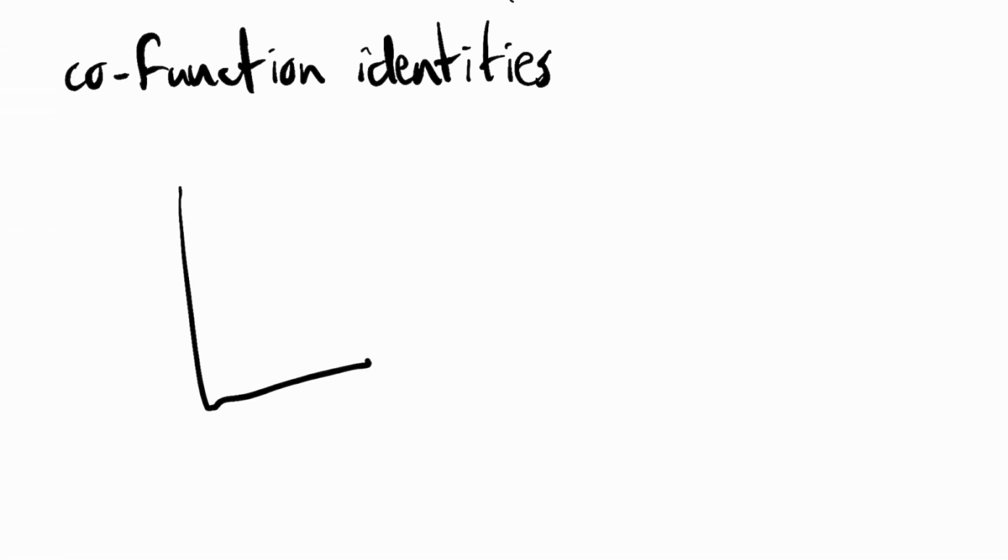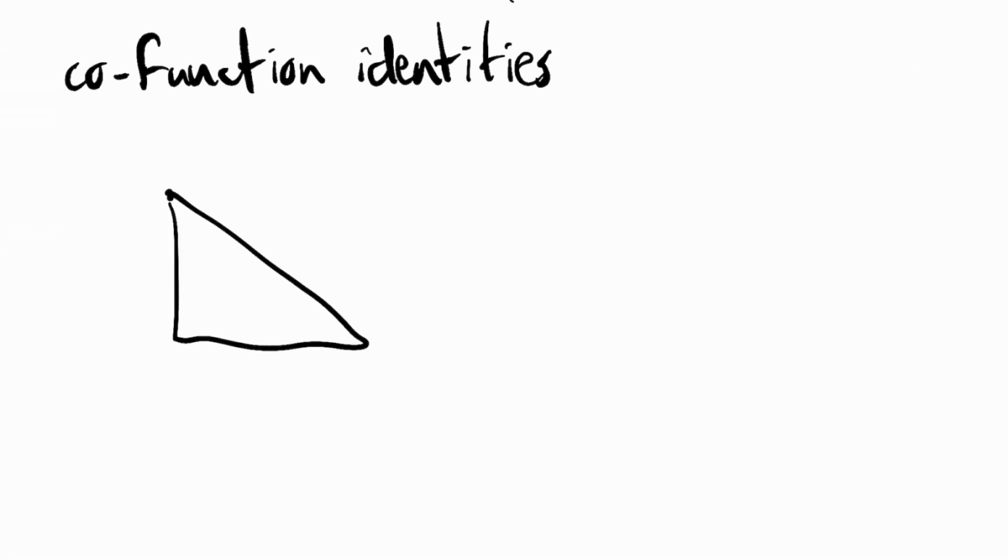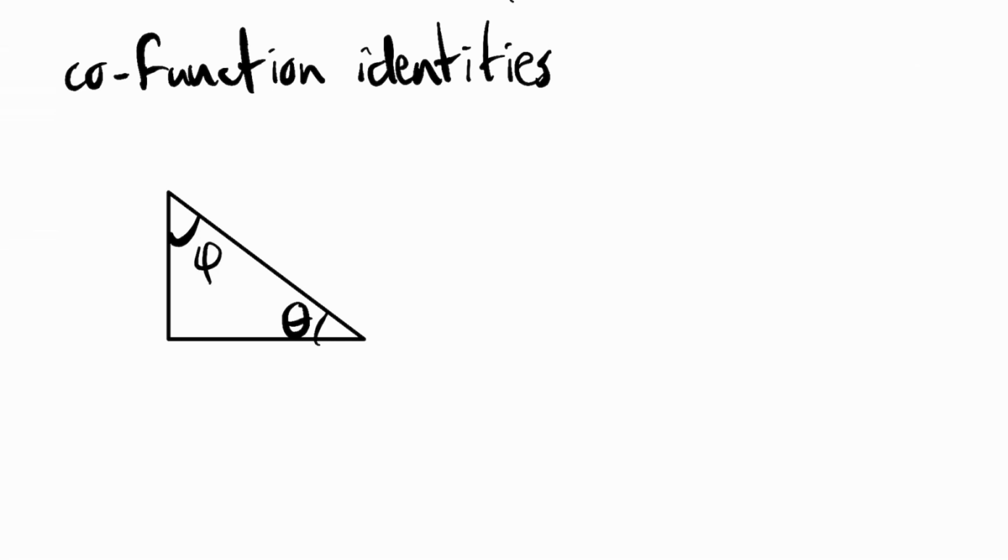So if I make a triangle, it needs to be a right triangle. Let's say I call this angle theta, and I call this angle, say, phi.